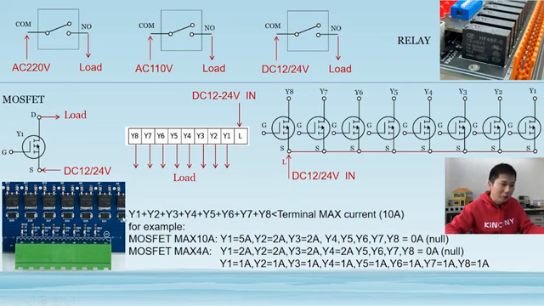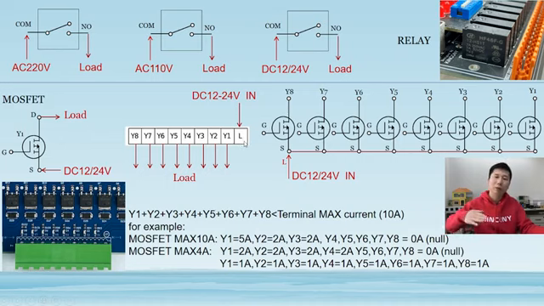So at Y1, Y2, Y3, and until Y8, the total current must be less than this terminal max current. Because you can see that all are connected together with just one L terminal port.